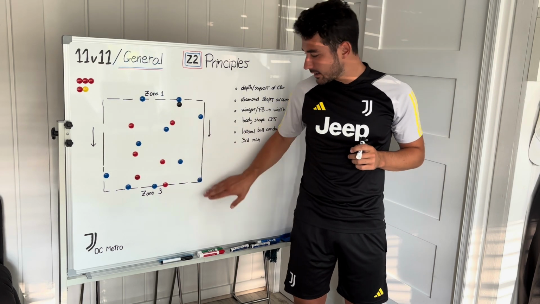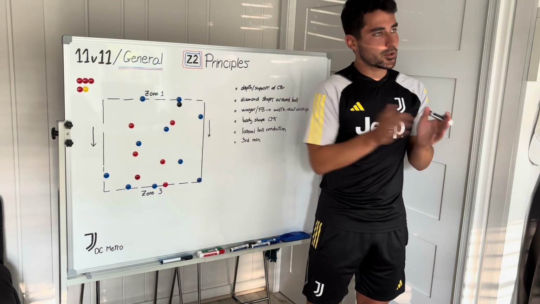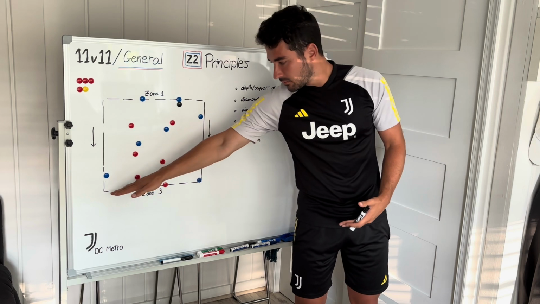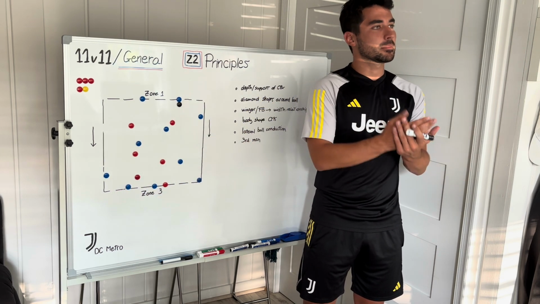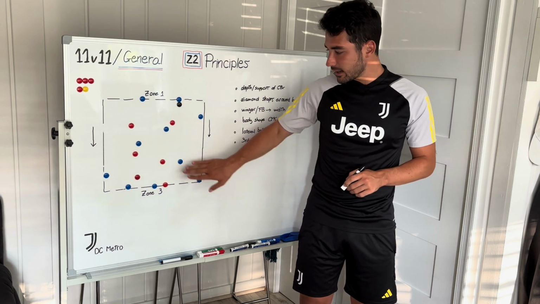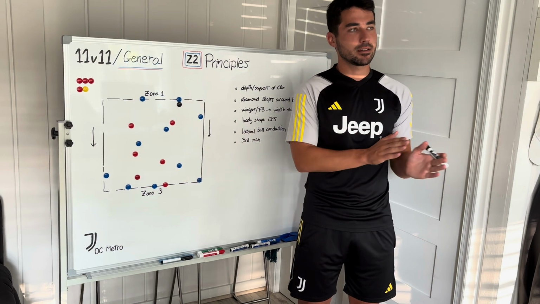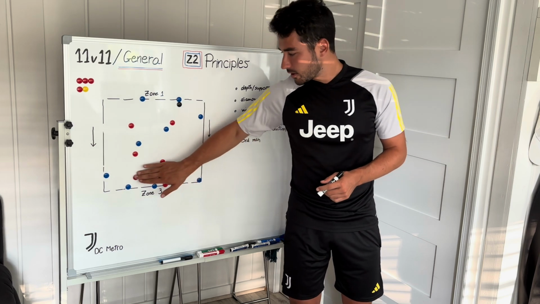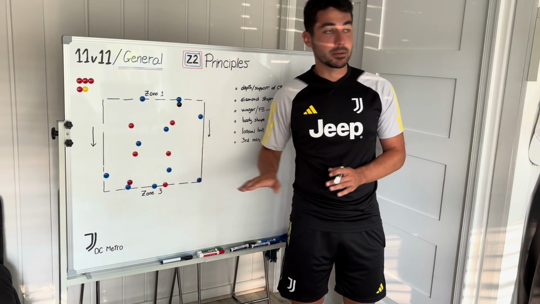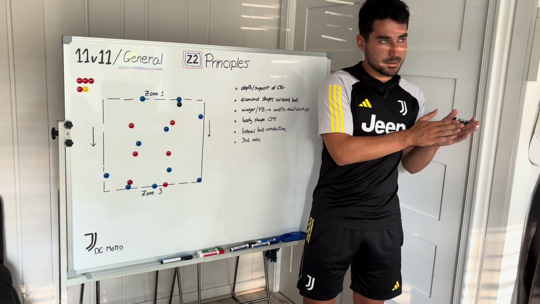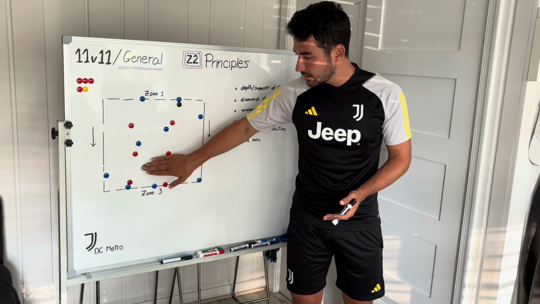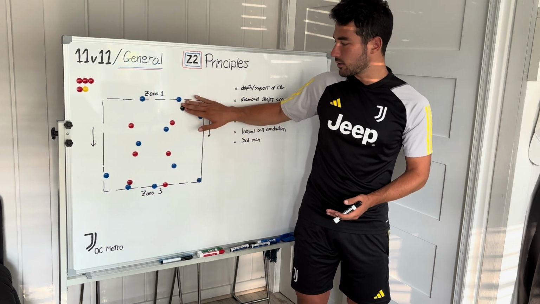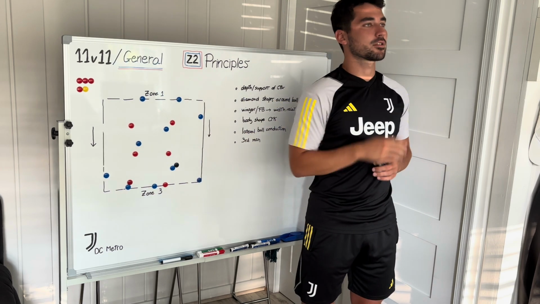The striker and the two wingers are stretching the back line as high as they can, almost entering zone 1. This would theoretically be the offside line. And our number 10 is floating in between the lines, first to create the diamond shape, but also, as these players up top are stretching the opposition and pulling defenders away, the number 10 floats in between the lines to see if they're able to receive, turn, and dribble up the back line.